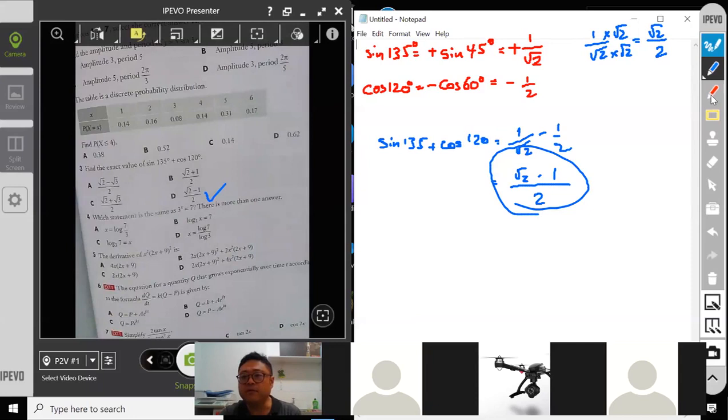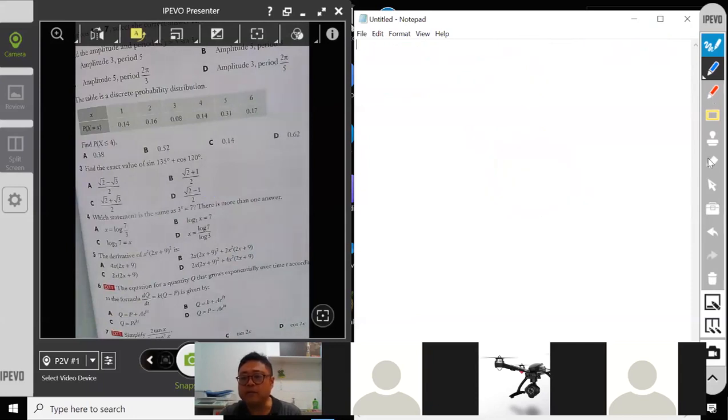With exact values, there is an easy way to remember them. Where's my ruler?